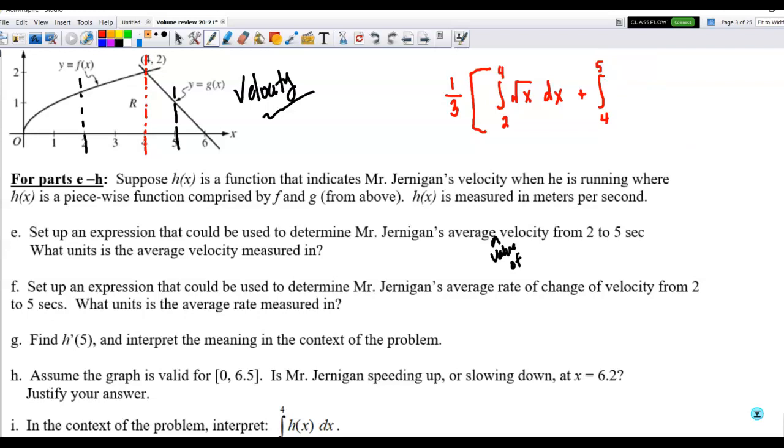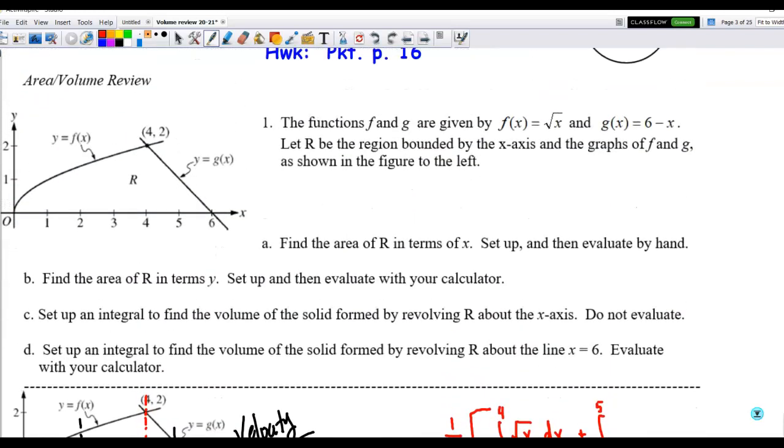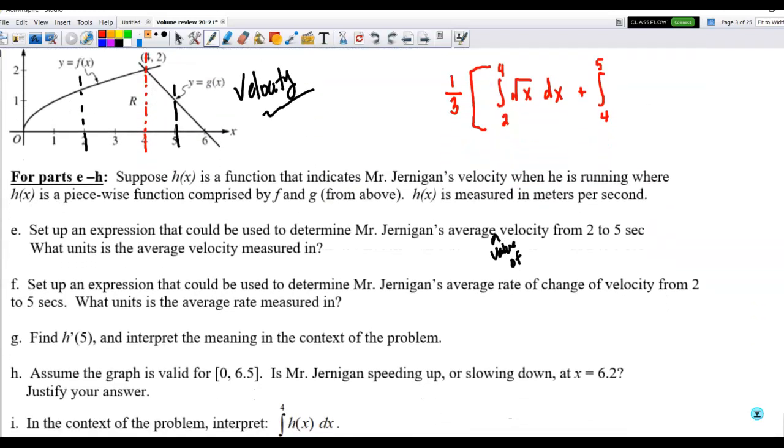What is it? Back up at the top. 6 minus x dx. So notice that I did not do 1/2 of this integral and 1 of this integral. The average is to divide the entire integral by the span, so that's 1 over b minus a.